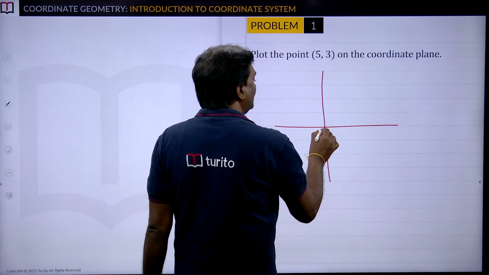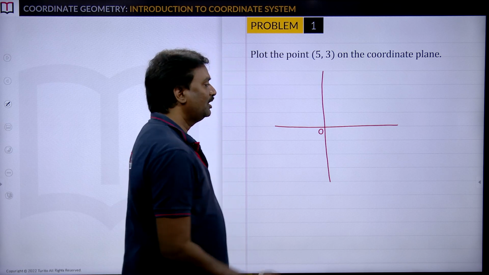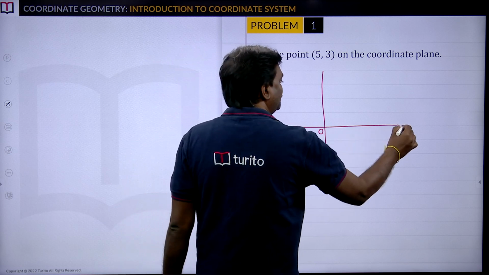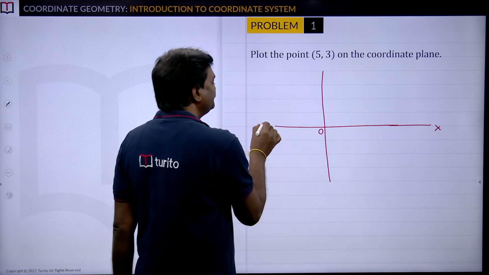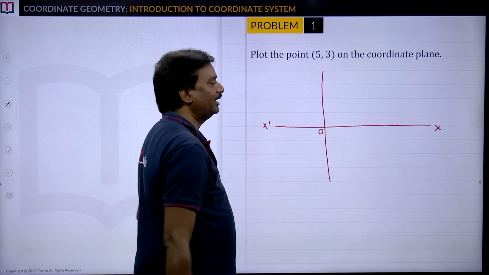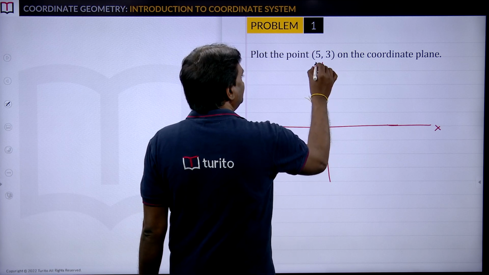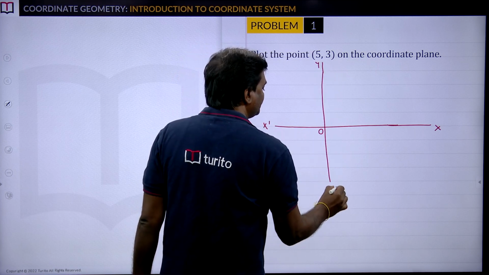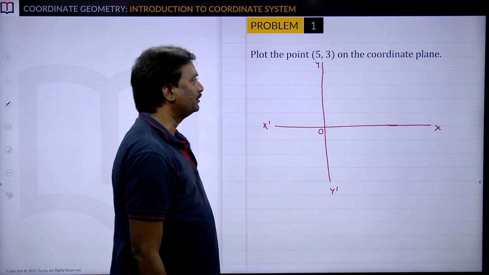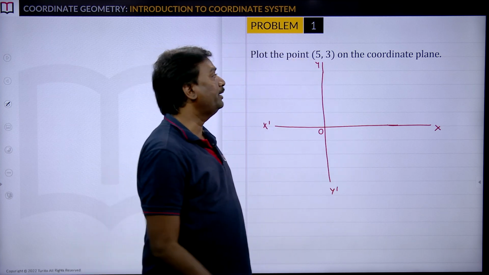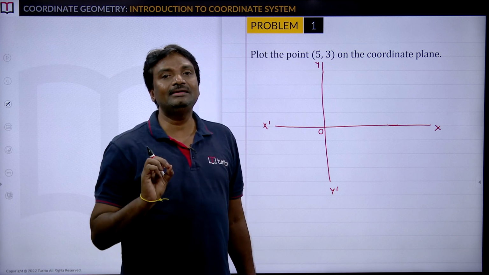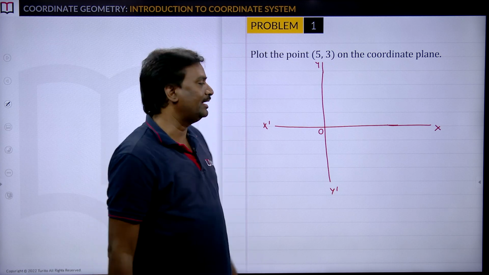Suppose this is the origin, 0, this is the positive x-axis, this is the negative x-axis, this is the positive y-axis and this is the negative y-axis. Here the x coordinate is 5 and the y coordinate is 3, clearly positive real numbers.